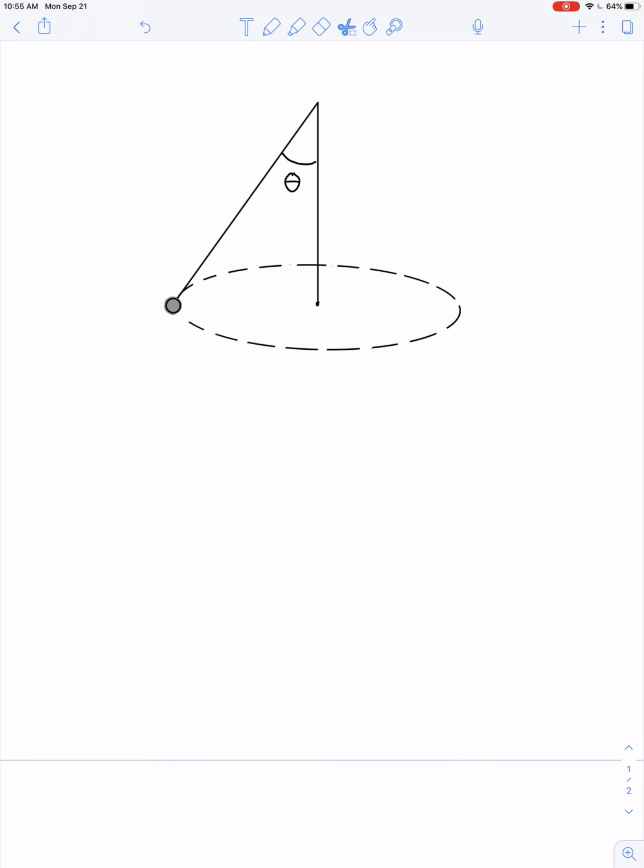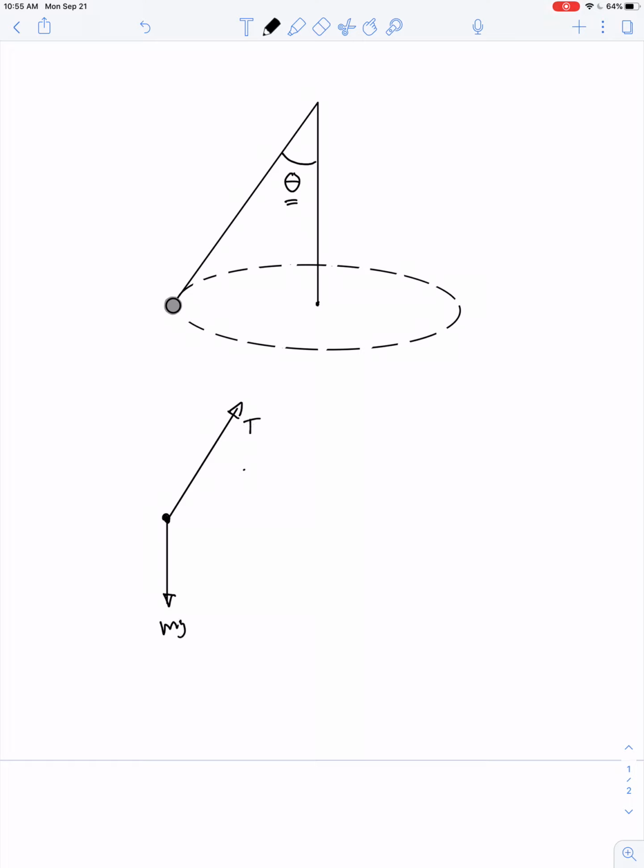However, as long as the string makes some angle theta with vertical, then the free body diagram would look something like this. Tension pulls up at an angle, gravity pulls straight down.